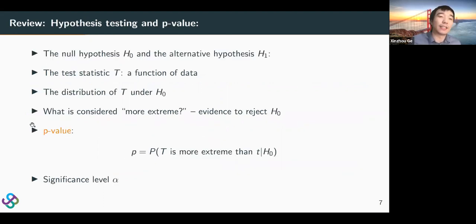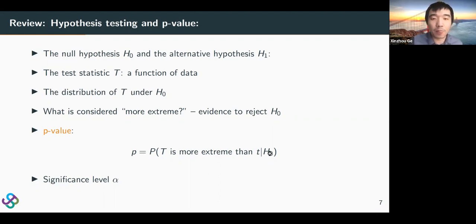Some other components of hypothesis testing include what is considered more extreme and a significance level. The p-value is calculated as the probability that the test statistic is more extreme than the observed value t, given the null hypothesis is true.